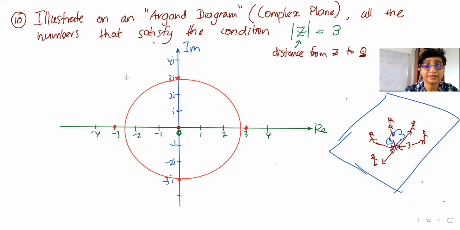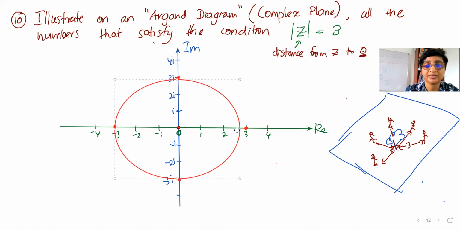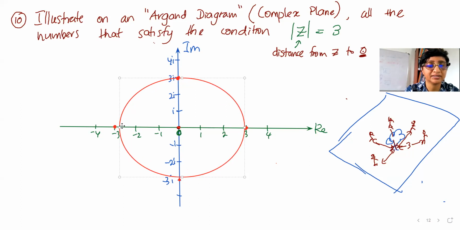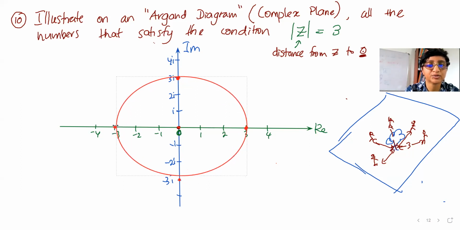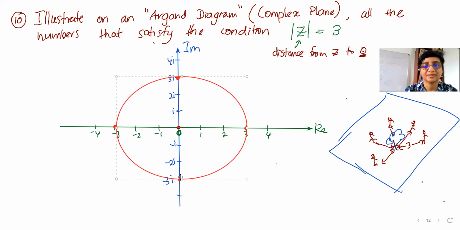Can I do it nicely? I can't do it properly because it's supposed to be a circle. Mine looks like an oval. It has to pass through these 4 points. It's supposed to be a circle of radius how much? 3. Radius is 3. Center is at the origin, at 0.